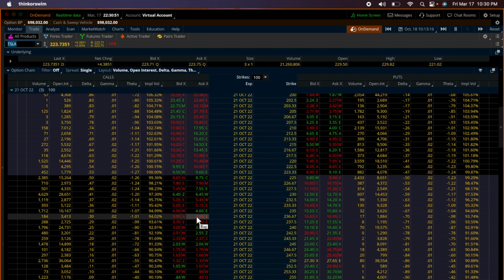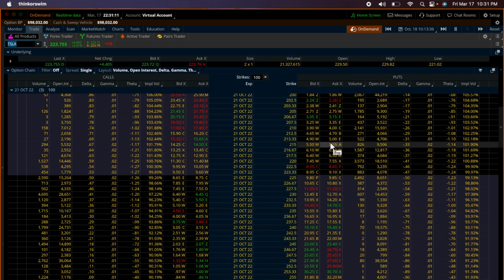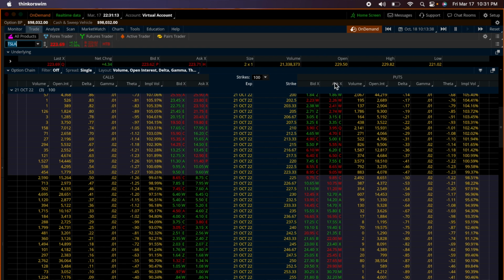One option contract represents 100 shares of an underlying stock. When you exercise an option contract, it means that you will either buy or sell 100 shares of the underlying stock for every contract exercised.